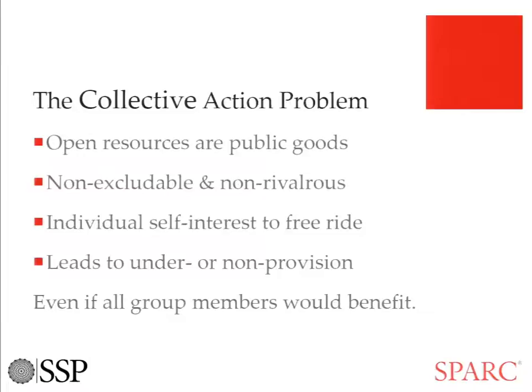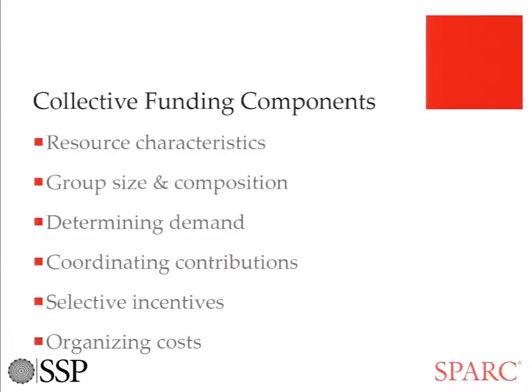You have a lot of institutions waiting for others to act, and this leads to the resource being underfunded, or not provided at all. It's a paradox: even though all the institutions would benefit, they won't come together without some kind of organizing principle to support the resource.